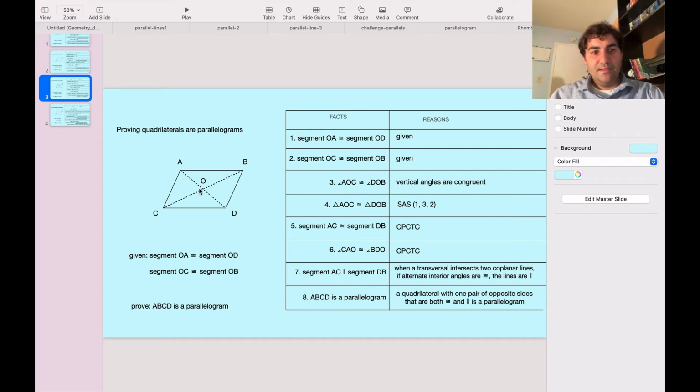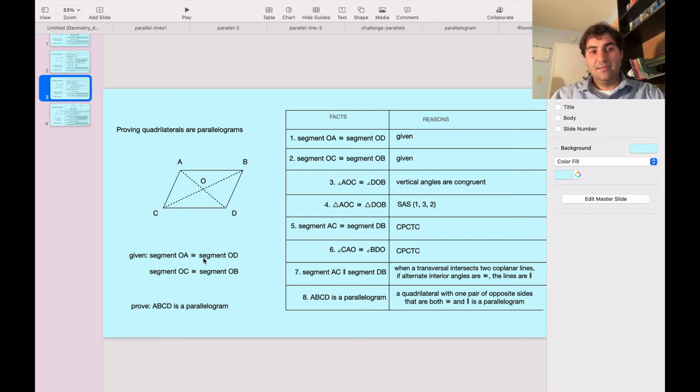So we're given that segment OA is congruent to segment OD, and segment OC is congruent to segment OB, and we're going to prove that this quadrilateral ABCD is a parallelogram. So what does this mean with this information? Well, we know that BC and AD are both diagonals, right?